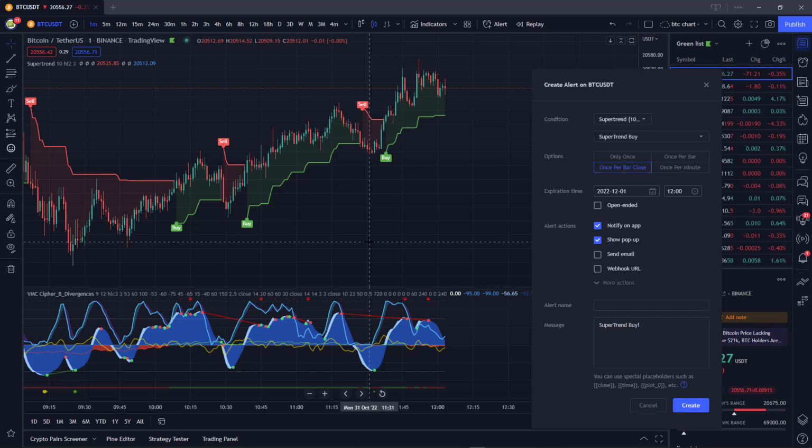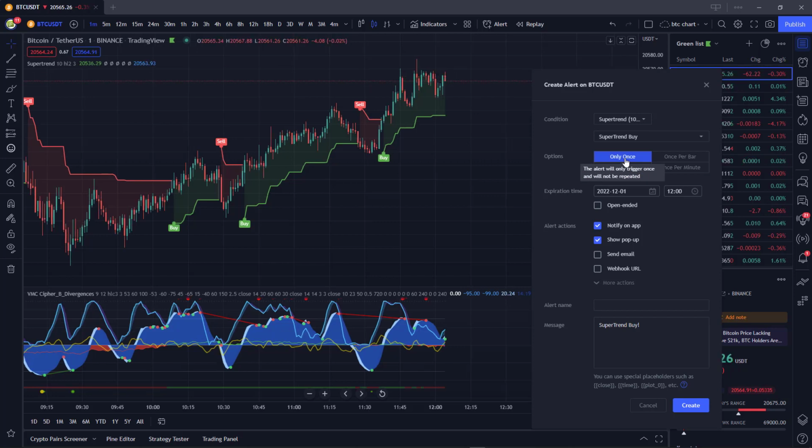It's just going to say, hey Cryptohopper, buy Bitcoin now, and it will do that. Alright, so I would select only once, and you can restart the alert next time. Alright, especially on the lower time frames, and especially with real money, otherwise it will spend too much.